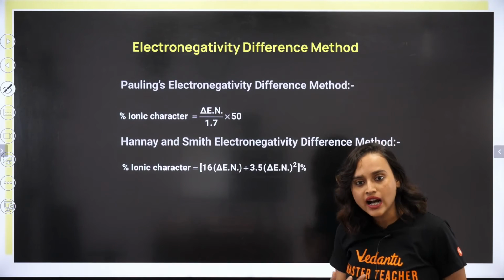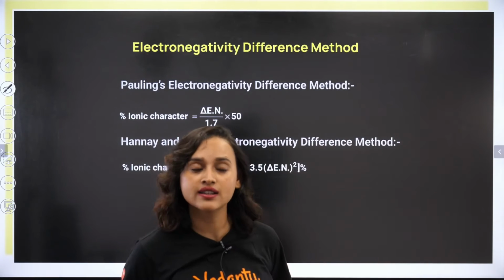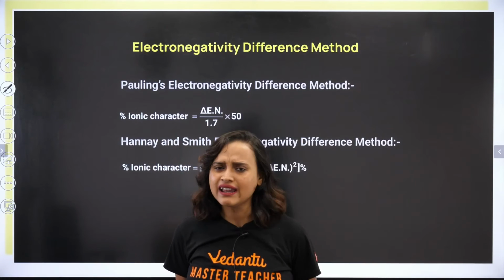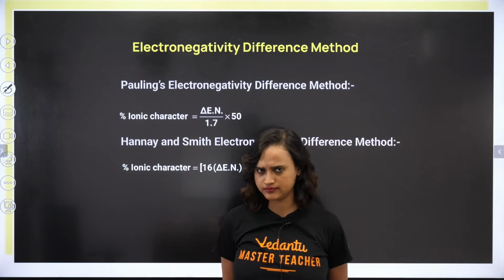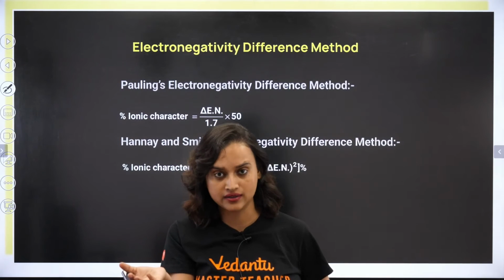And there were these two scientists, Hannay and Smith. They said that nothing has a pure covalent bond. There is a percentage of ionic character and a percentage of covalent character.